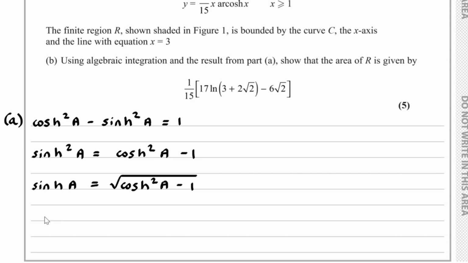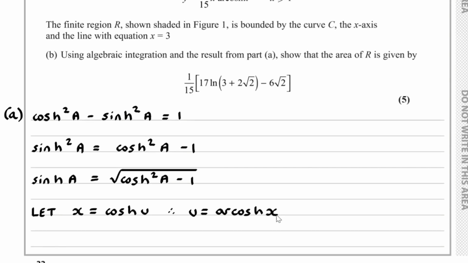So if we let x equal hyperbolic cosine of u, then u is equal to the inverse hyperbolic cosine of x, just in case we need it later on.